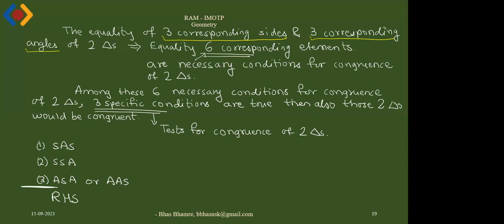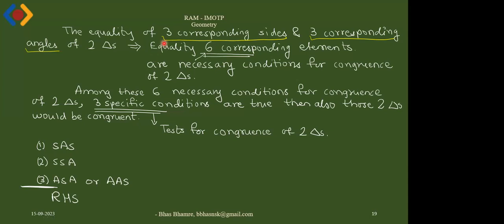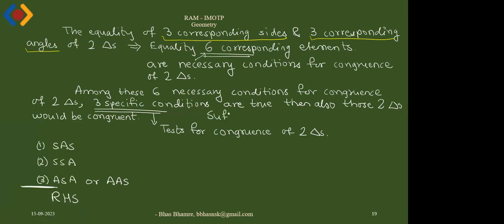Okay, so why are tests necessary? Because it is clear that when we need to show the congruence, we would need to go for equality of 6 corresponding elements, and that is ridiculous. But among these 6 necessary conditions, some specific conditions are there. Those specific conditions, we call them sufficient conditions.